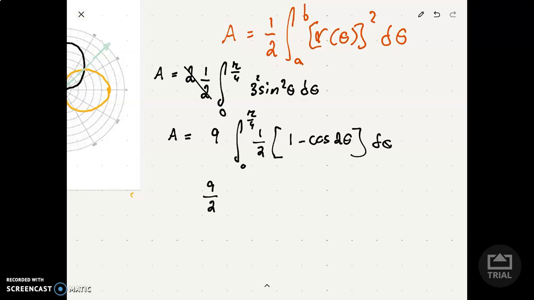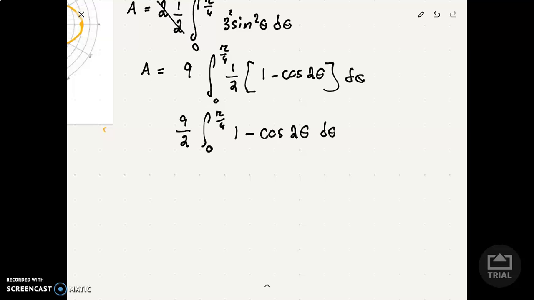So it's 9 over 2, integral from 0 to pi over 4 of 1 minus cosine of 2 theta, d theta. Now integrating that, we'd get theta and negative sine 2 theta over 2, both going from 0 to pi over 4, times 9 over 2.